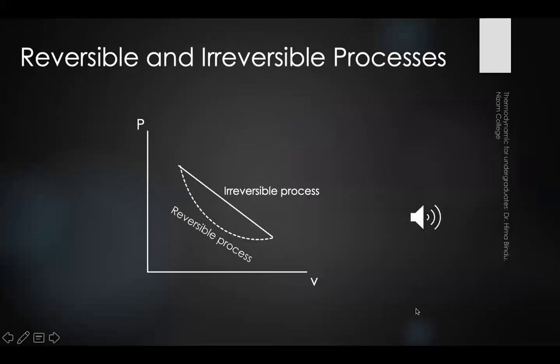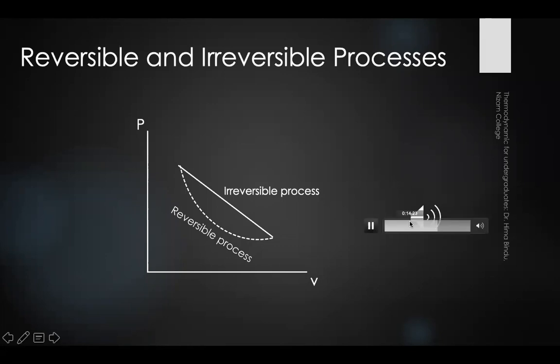From the PV diagram, it can be seen that an irreversible process is a fast process, whereas a reversible process is a very slow process. There are two important conditions for the reversible process to occur. Firstly, the process should occur in an infinitesimally small time, and secondly, all of the initial and final states of the system should be in equilibrium with each other.